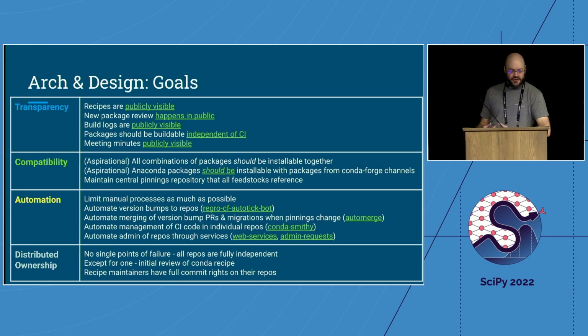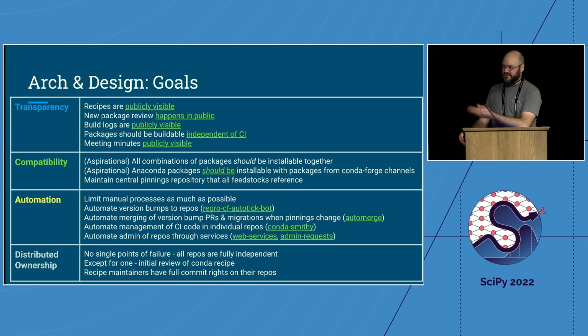And so Conda-forge is made out of a bunch of automation junkies, I think, is kind of what we refer to ourselves as at times. And so whenever possible, you should automate. As in the slide earlier, there were a lot of people involved in Conda-forge.